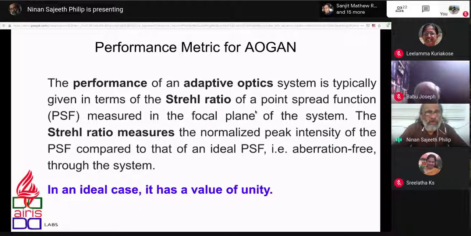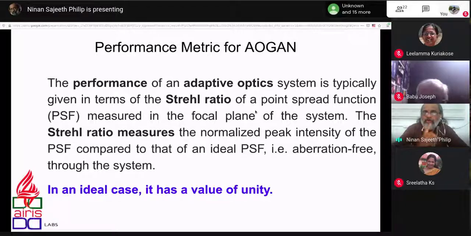To evaluate the performance of the system, there are some standard methods. In adaptive optics, the practice is to compute the Strehl ratio, which is a measure of how much spread is happening due to the point spread function.